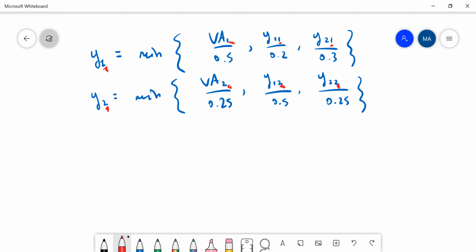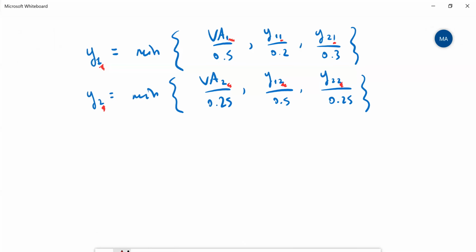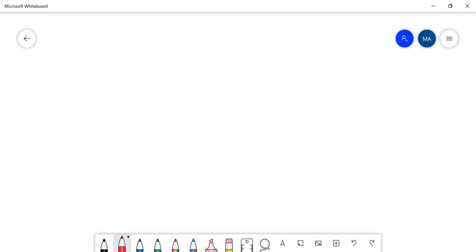It's very simple. At some point, let me show you the solution. Then you do it by hand, okay, at home. So the solution is like this. If you solve the consumer problem, you have this.